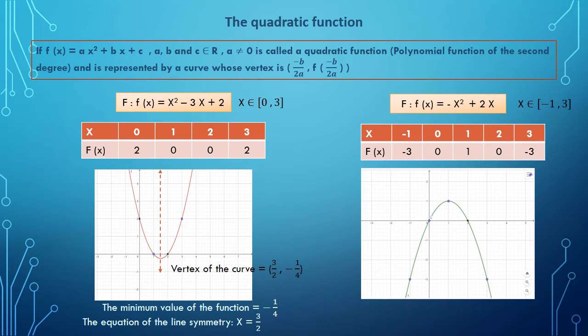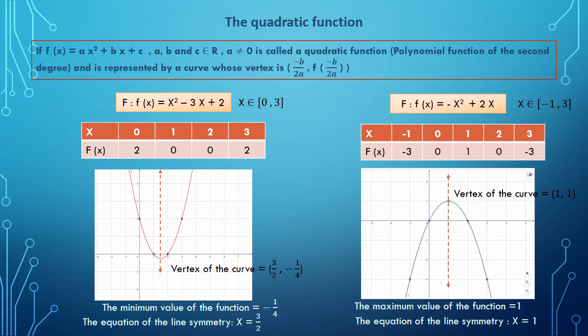So our vertex here will be (1, 1). The maximum value we get from the y-axis, like here, and the equation of the axis of symmetry belongs to x, so x equals 1.